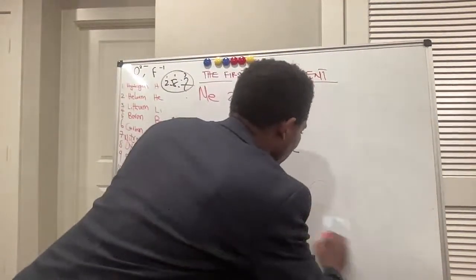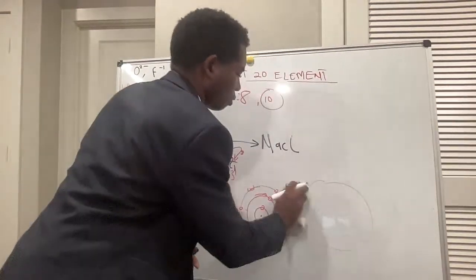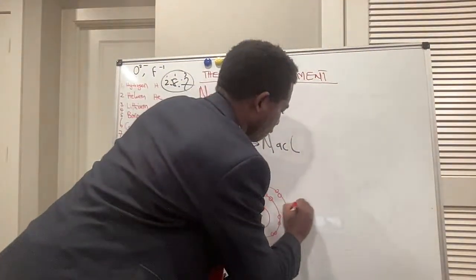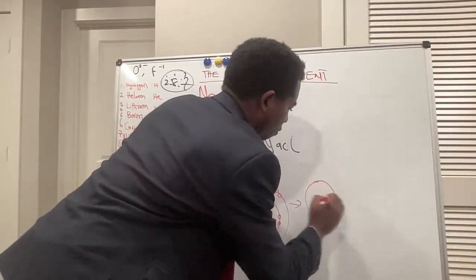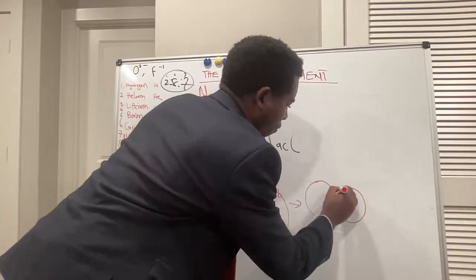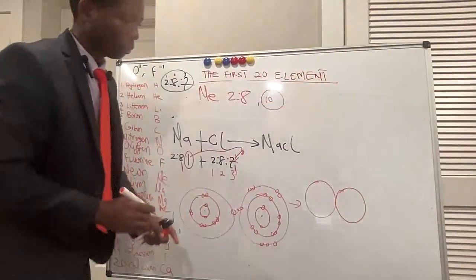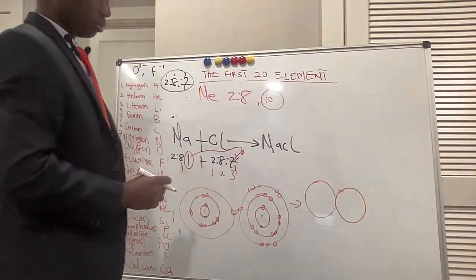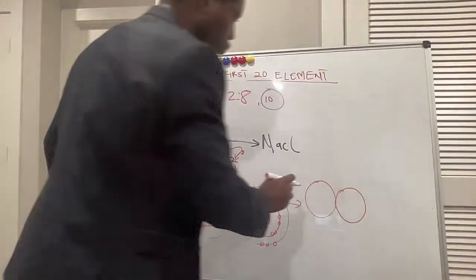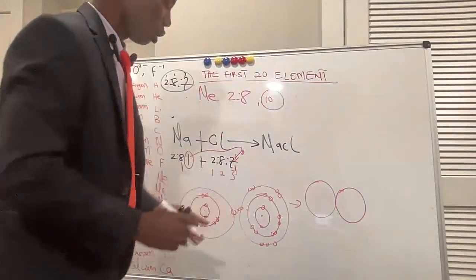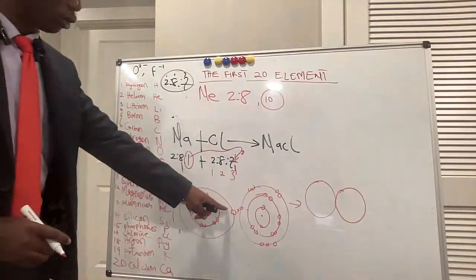So the first shell takes a maximum of 2. But now at this point we are talking about the outermost shell. For sodium we have only 1.